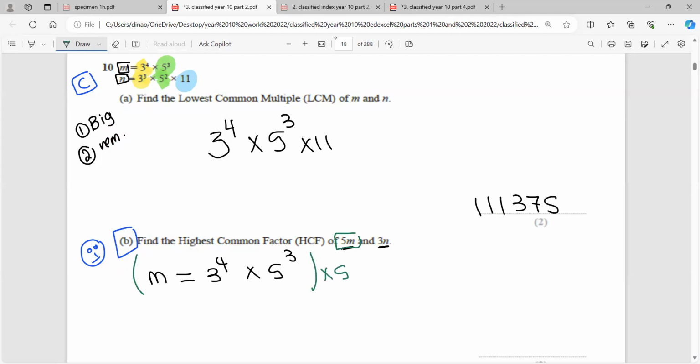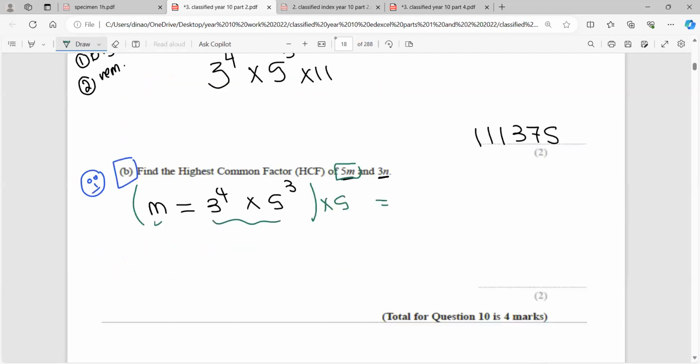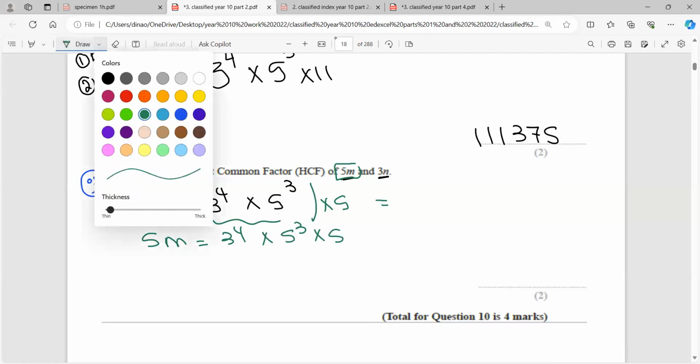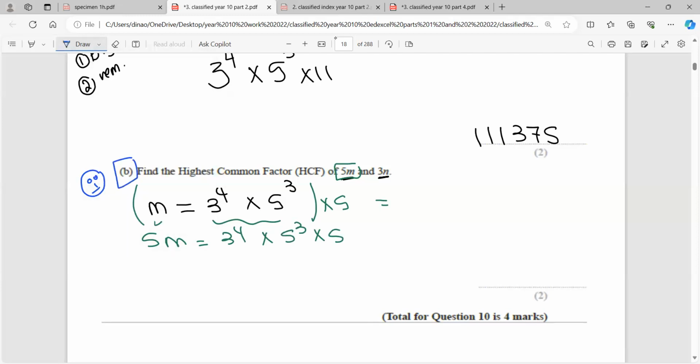Multiply it by 5, so multiply left and right. This changes into 5m equals 3 power 4 times 5 power 3 times 5. The big mistake would be to put times here and times there; this is very incorrect. We only do that when the problem has addition or subtraction in the middle. When I multiply, I just multiply by 5 and that's it.